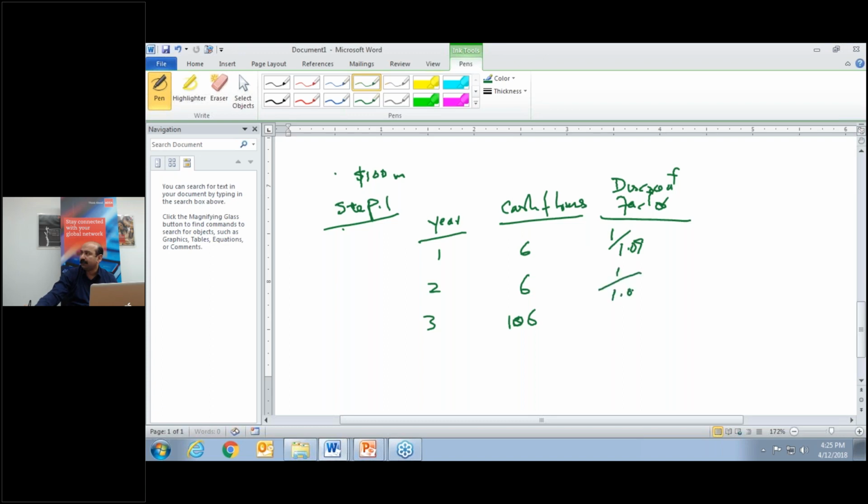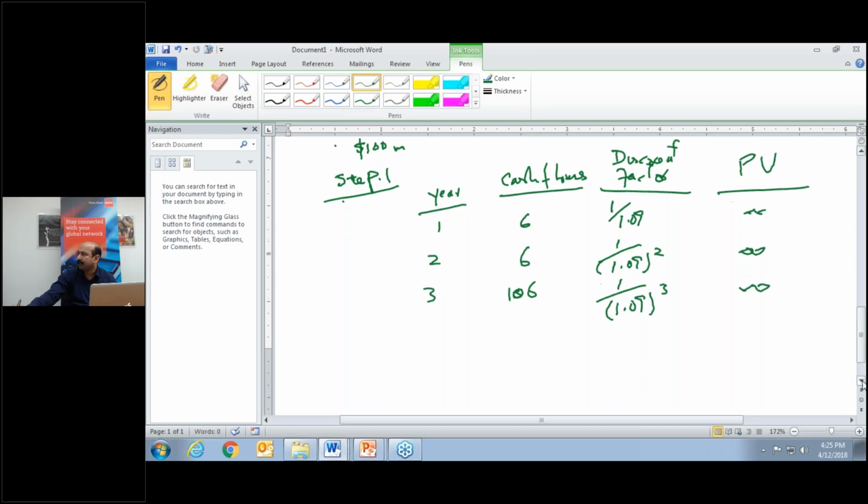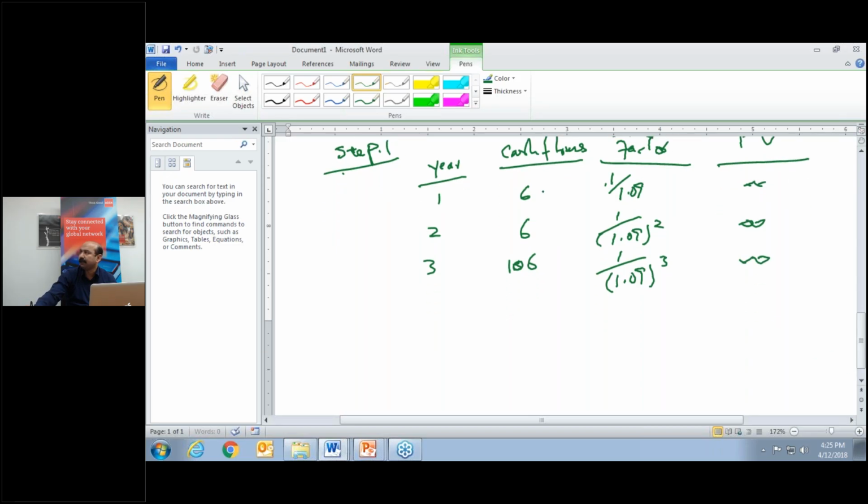Second year, 1.09 raised to power 2. And third year, 1.09 raised to power 3. This will give us the present value of each year. I am not going to mention it over here because this is quite straightforward, as we shall be multiplying 6 with this, and 106 with this.